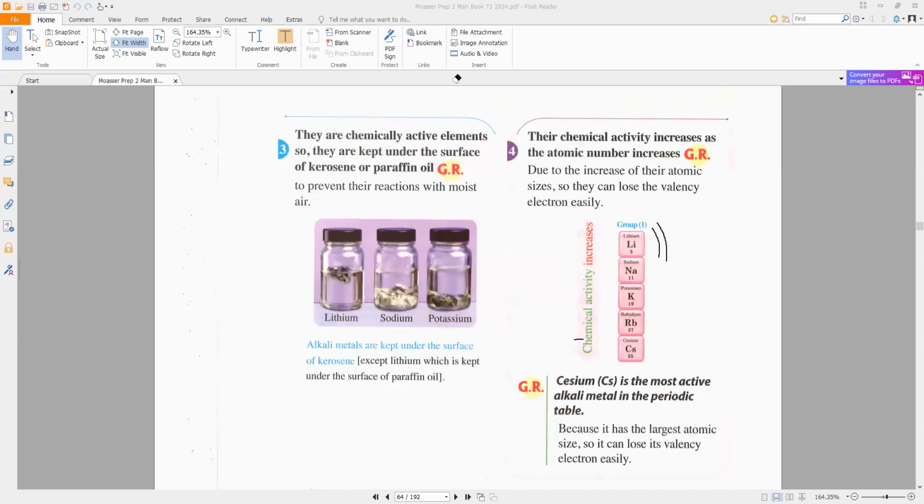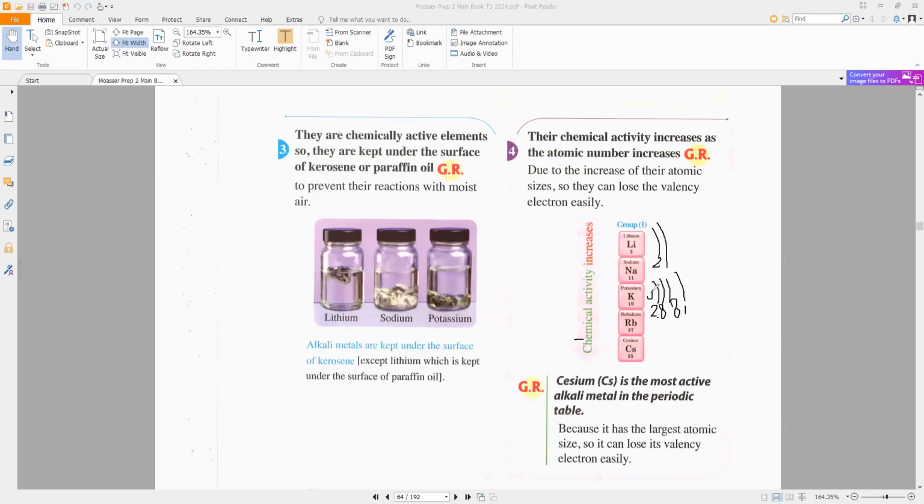As we see in the electronic distribution, lithium, 3, has 2 in K, 1 in L. Potassium, 19, has 2 in K, 8 in L, 8 in M, and 1 in N. So lithium has 2 energy levels, but potassium has 4 energy levels.